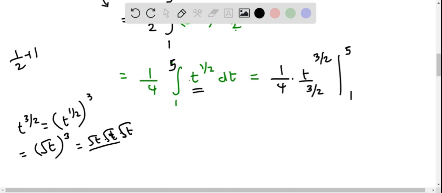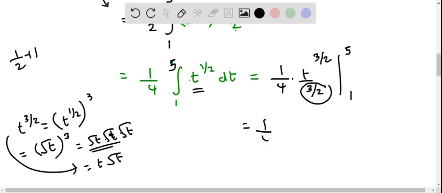Root t times root t is t, and this is root t. So this is the simplified expression which I'm going to place here. I'm also going to multiply by the reciprocal of 3 by 2. So this becomes 1 by 4 times 2/3, and then we have t times root t. This has to be evaluated from 1 to 5.